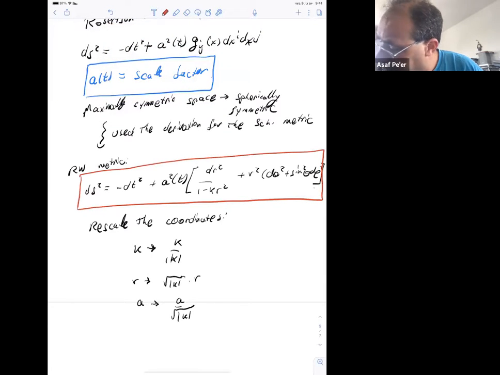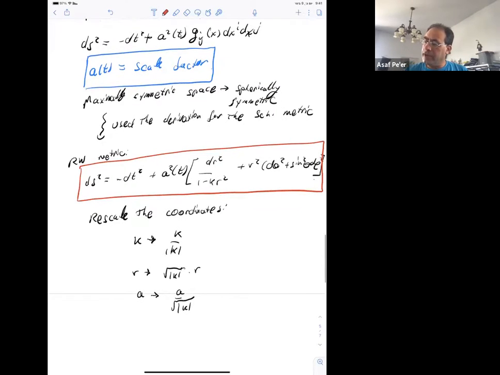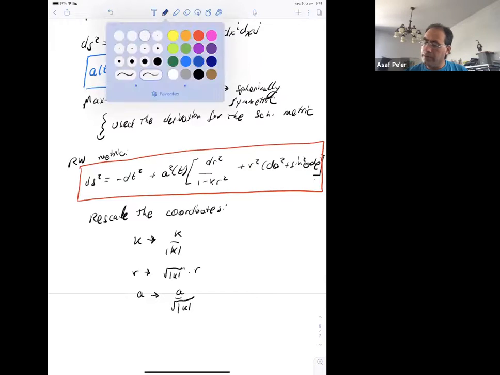So in fact, although k can take any value in principle, we only care about three values, which are -1, 0, and 1.